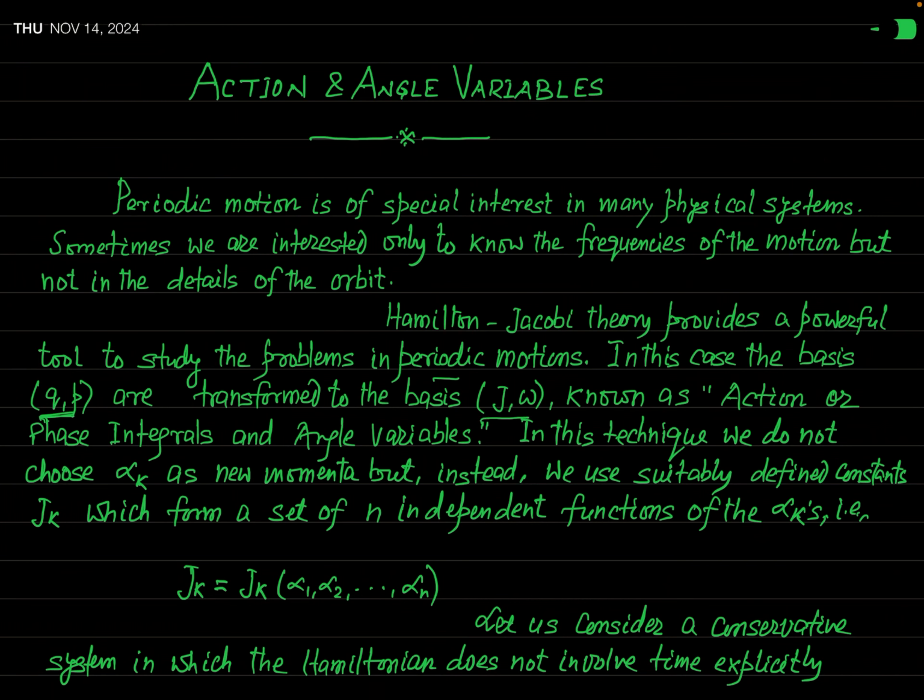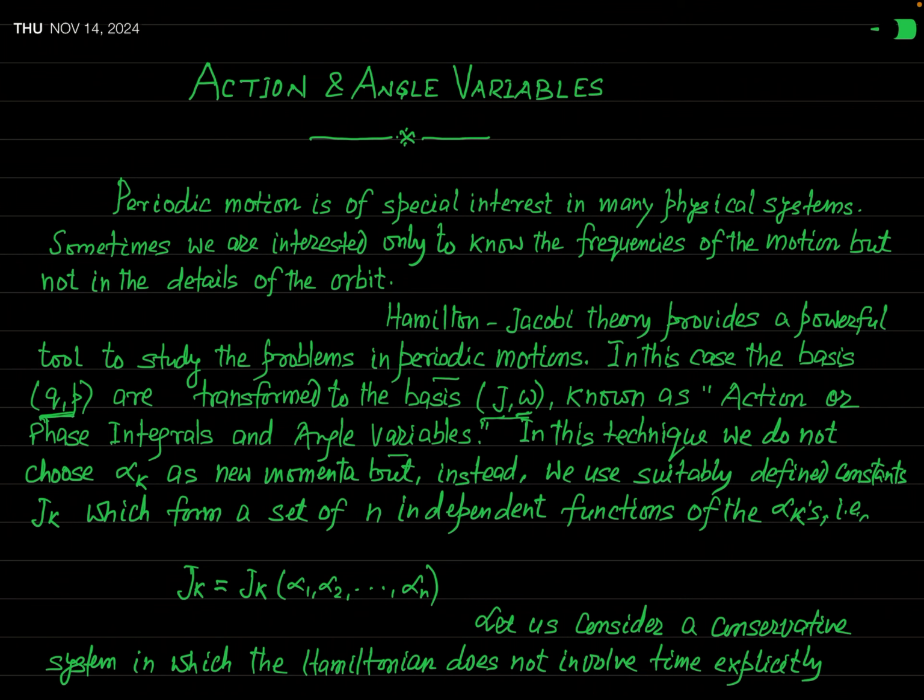Here, this quantity J is known as action variable, or it is also called phase integral. Why it is called phase integral, we will see later on. And the other variable, omega, which is used as the basis, is called angle variable.